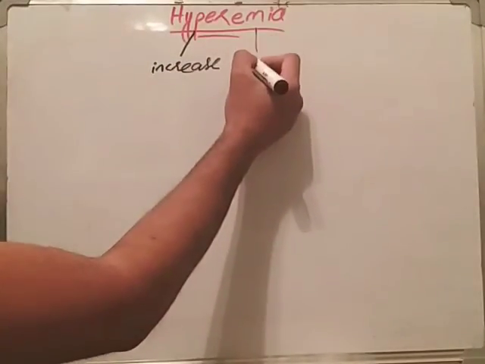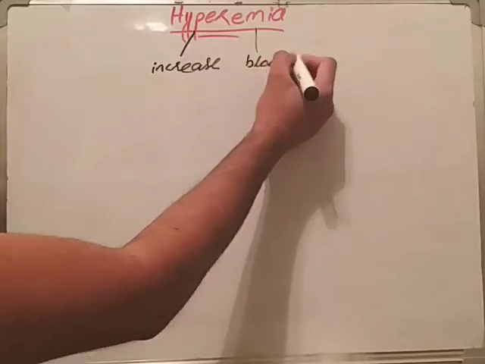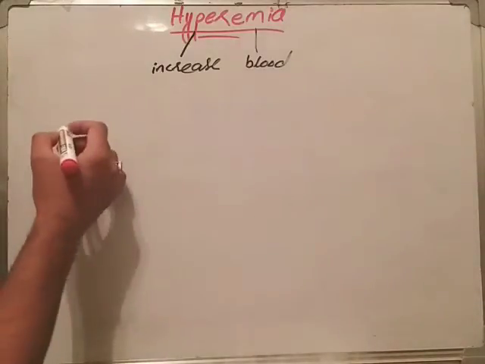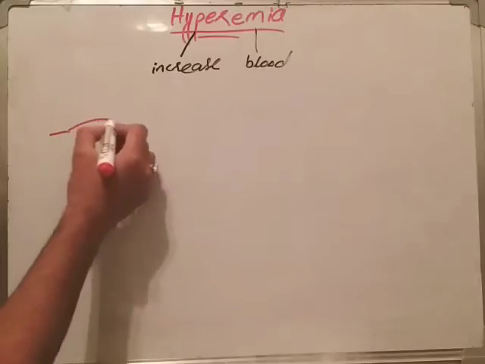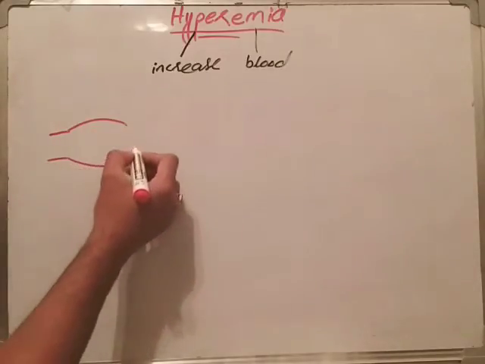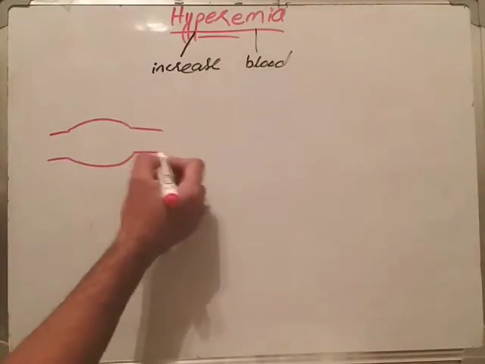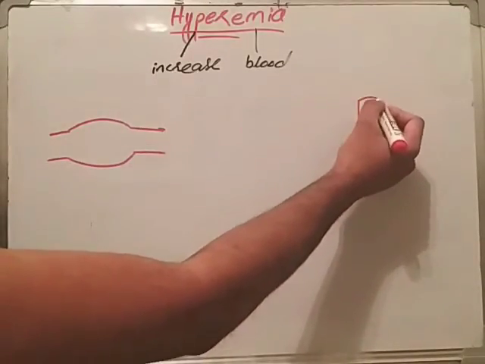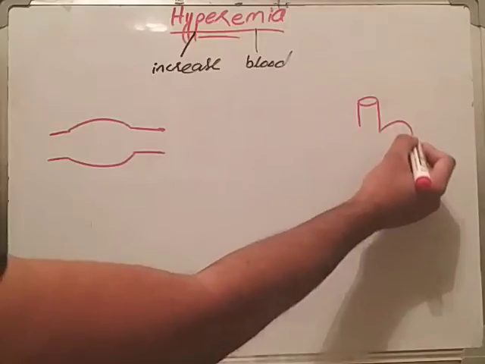emia means blood. So as we know, every organ is supplied by a blood supply. For example, I made right here a skeletal muscle, and for example here I draw stomach or intestine.